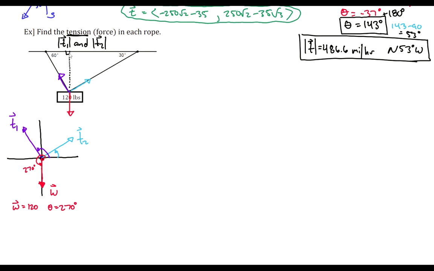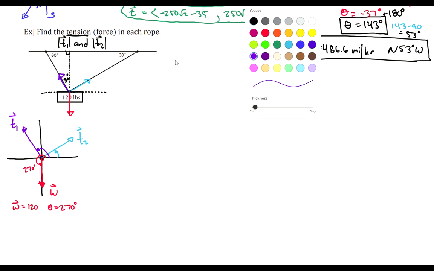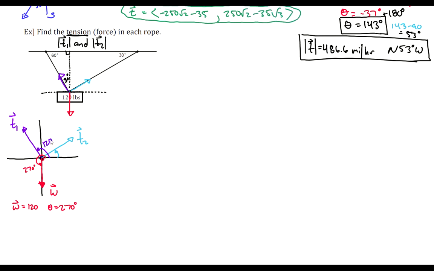I have 60 and 90, which means this is 30. If I make another dash line, just making the connection between my two pictures, that's 30 right there in the dash line to the purple, that means 90 plus 30 would be 120. That would be the angle in standard position.